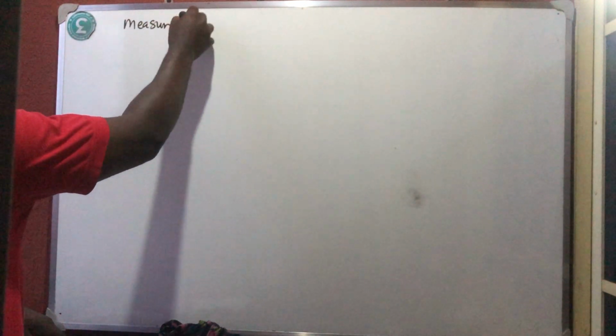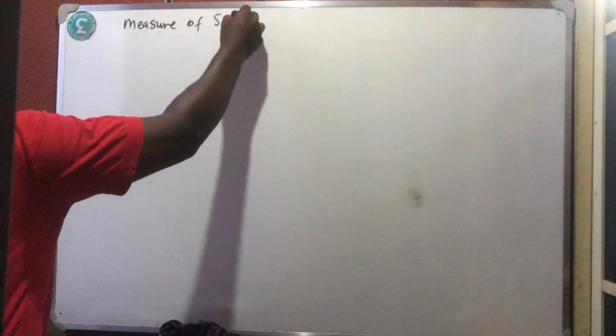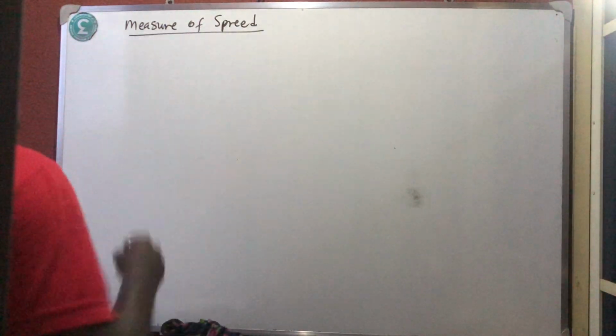Okay, before we take one more question, let's talk about measure of spread. Don't forget what I told you about measure of spread. Now, in measure of spread, that is where we have the three major things. What are they?